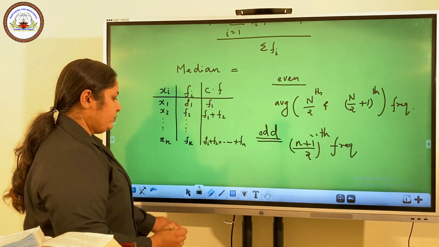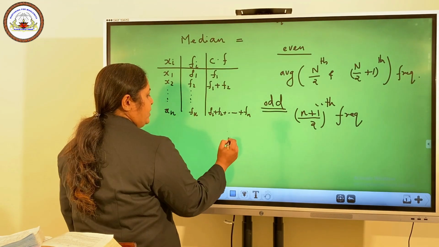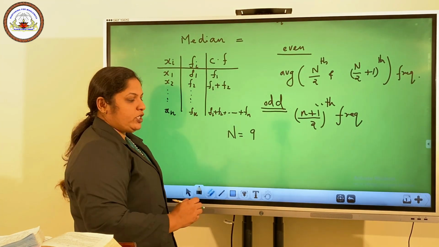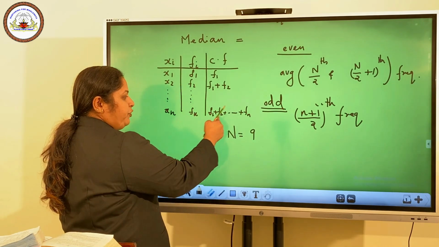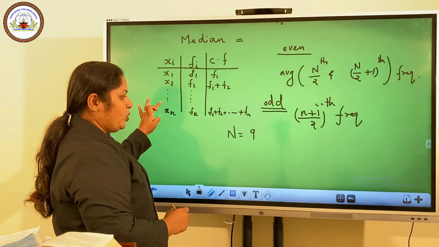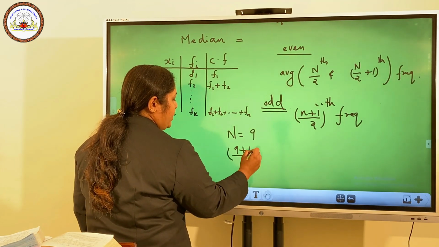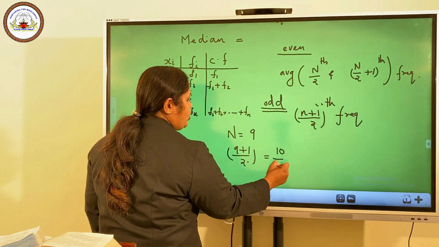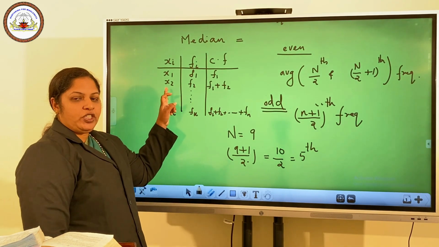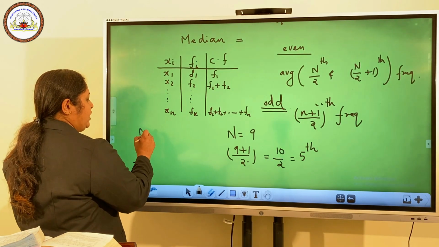For example, if capital N, the sum of frequencies, is equal to 9, it is an odd number, so you take the data point corresponding to 9 plus 1 by 2, that is 10 by 2, which is the 5th observation, the data point corresponding to the 5th frequency.